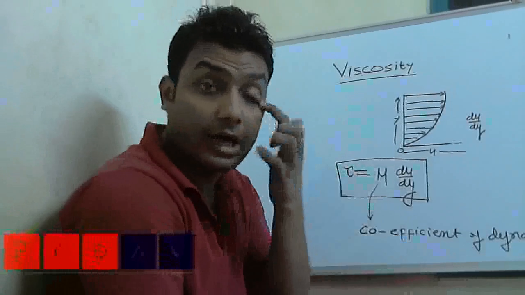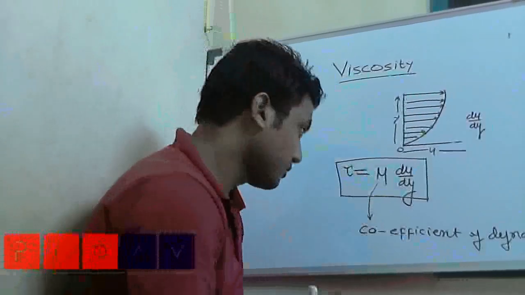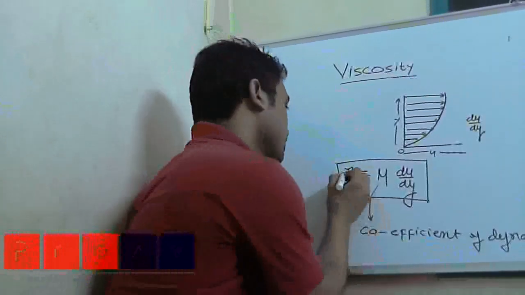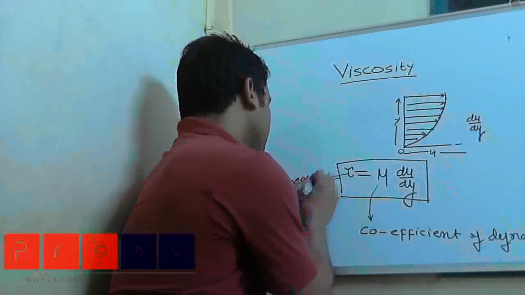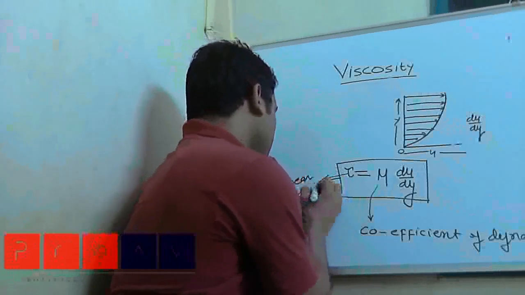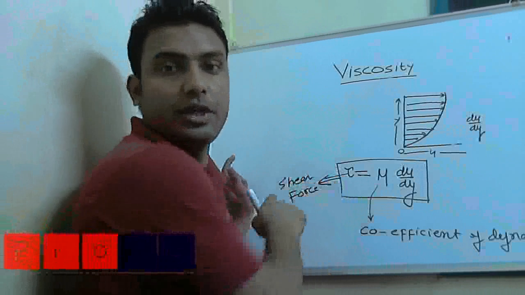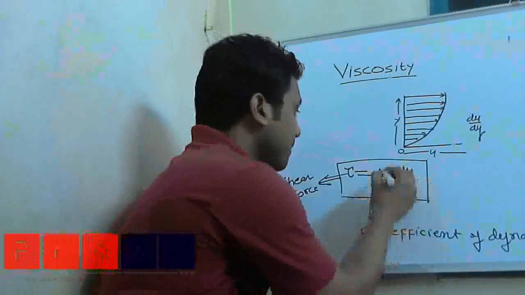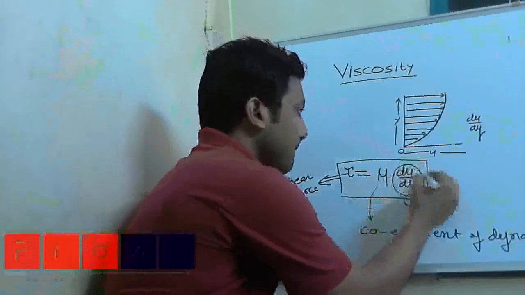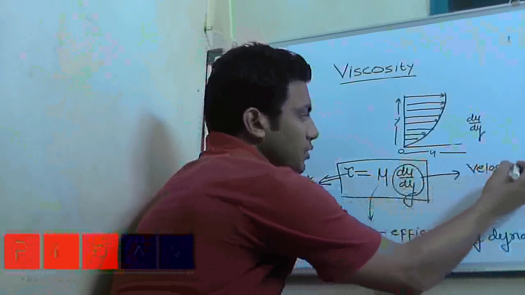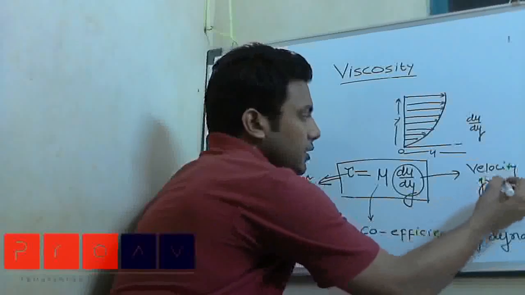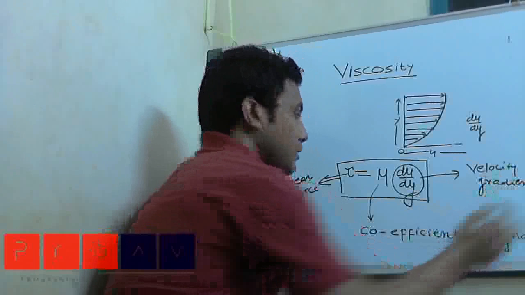Mu is the coefficient of dynamic viscosity. So that is the shear force, and du by dy is the velocity gradient.